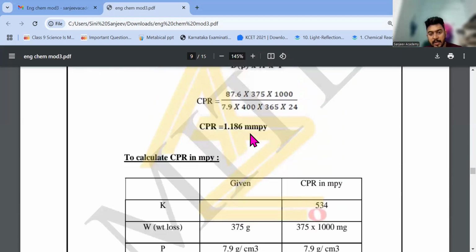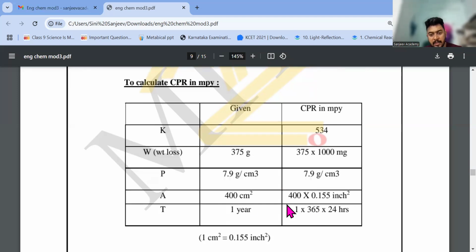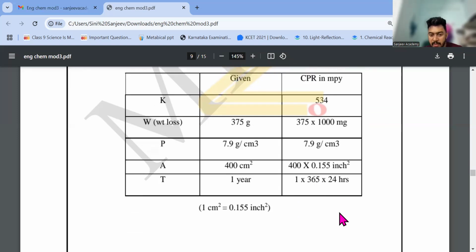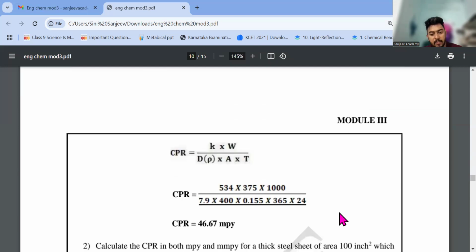This is millimeter per year and the other one is in MPY. So it's a very simple thing. 375, just multiply by 1000. Correct. And 1 centimeter square is about 0.155 inch square. So multiply this by 0.155. 1 year is nothing but 365 days in 24 hours, so you have to multiply that. And then substitute in the same formula.